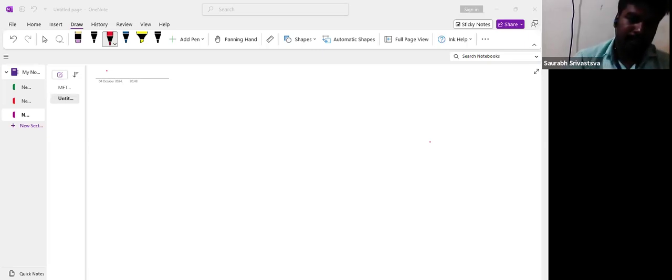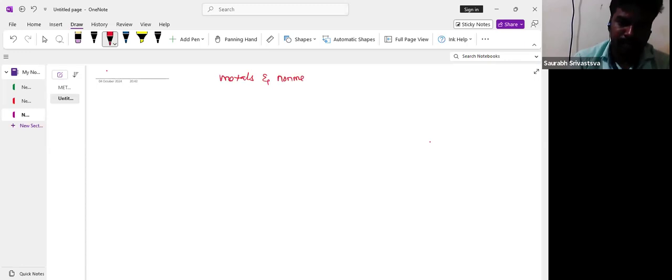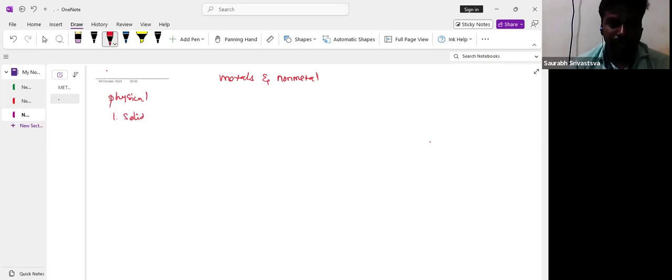The first category in metals and non-metals is physical property. The first property is whether it is solid, liquid, or gas.